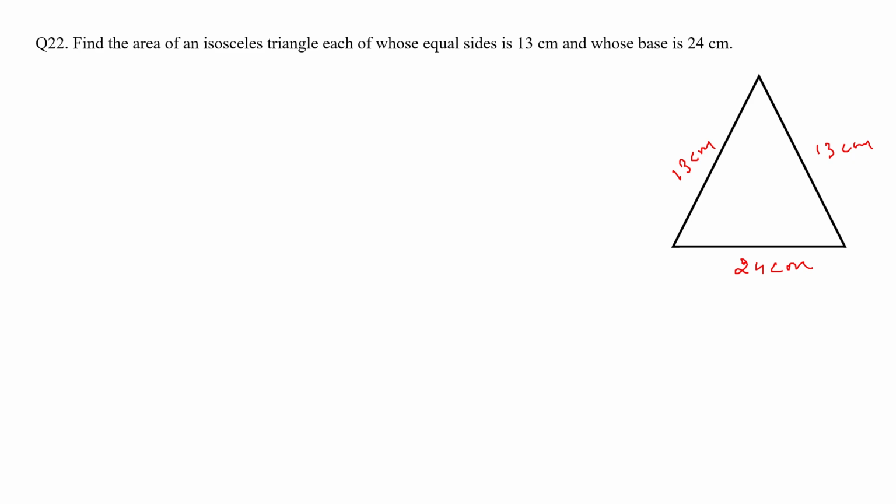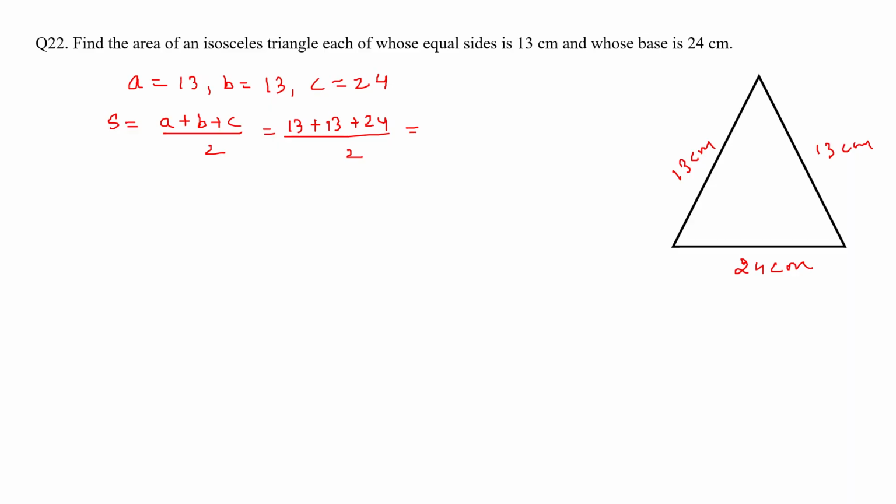So I'm going to solve this using Heron's formula. According to Heron's formula, first we have to find the semi-perimeter. So sides are a equal to 13, b is also equal to 13 and c equal to 24. The semi-perimeter formula is (a plus b plus c) by 2. So it will be (13 plus 13 plus 24) by 2, and if you add this, you will get 50 by 2, which is 25 centimeter.